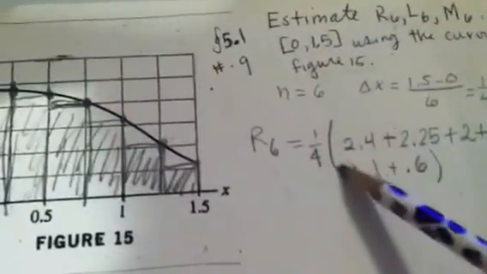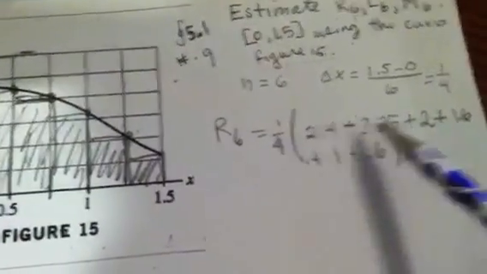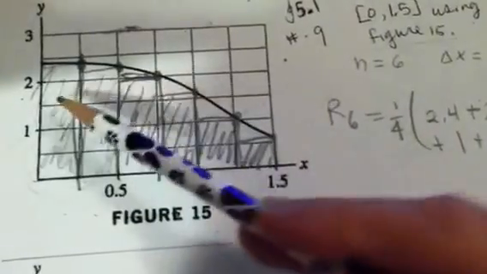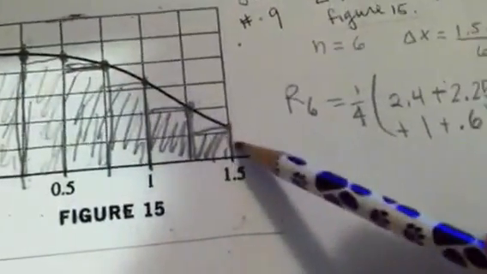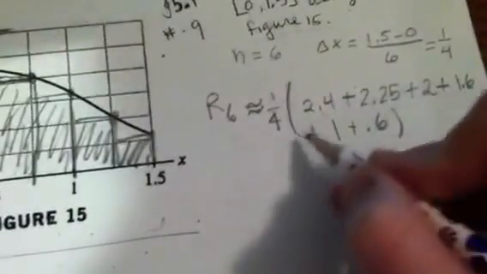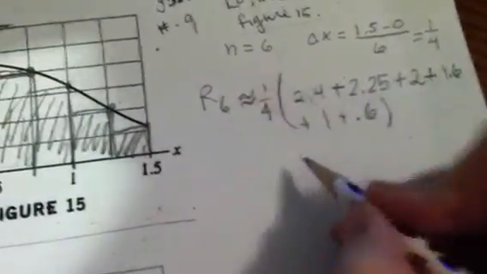Okay, so the width times the height of each one of these rectangles will give us the approximate area underneath this curve, which happens to be an underestimate. So again, we're approximating these height values, so this should be an approximation here.